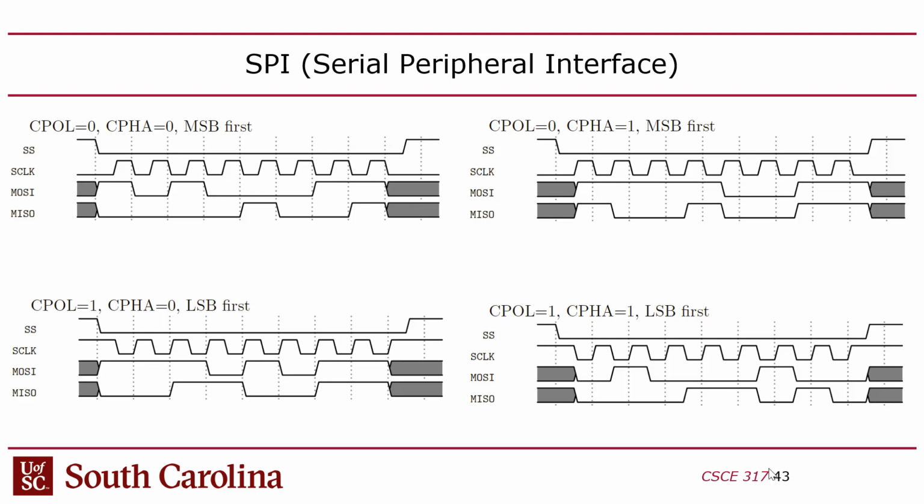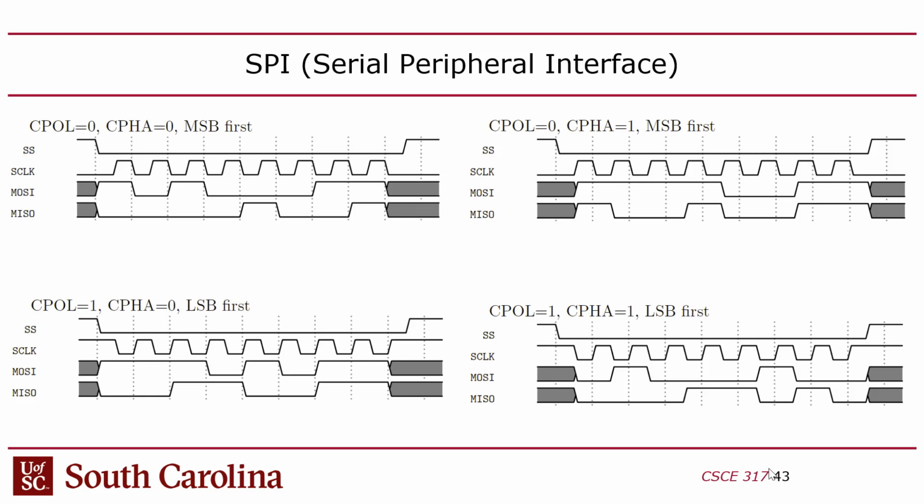SS and data are lined up here; they both change at the same time. Whereas over here, the clock and the data are offset. So CPHA of 1 is where you push the phase of the data out relative to the clock.